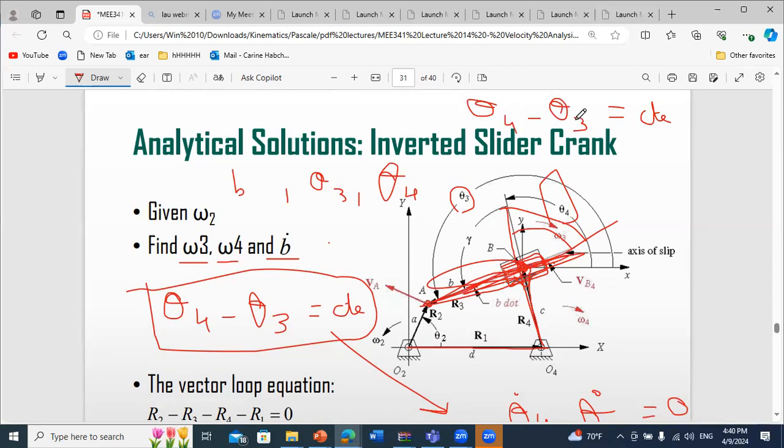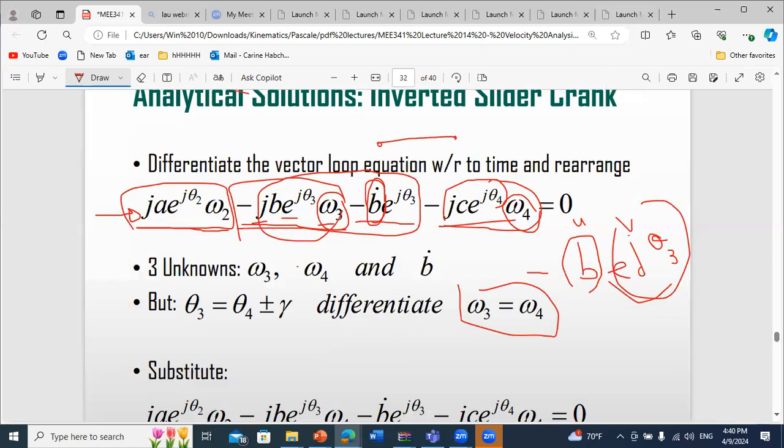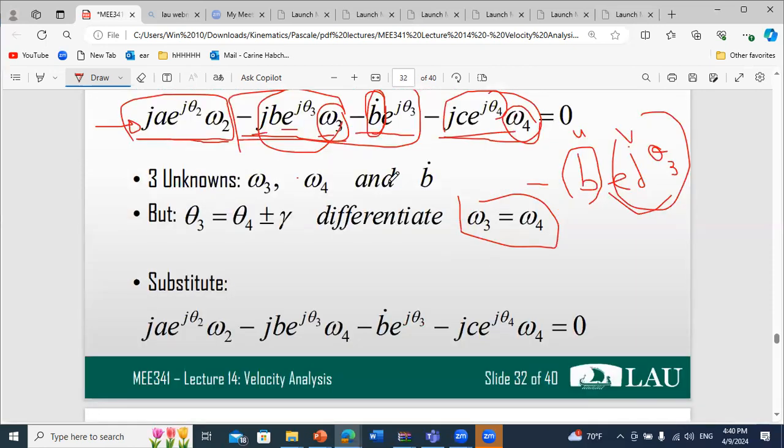So since theta 4 minus theta 3 is a constant, when I derive this relation, I get that theta dot 4 minus theta dot 3 is 0. This means that the angular velocity of link 3 is equal to the angular velocity of link 4. This is expected because they should rotate at the same angular velocity to keep the same angle between them. Okay, so now I have 3 equations and 3 unknowns. I can substitute omega 4 by omega 3 because they are equal.